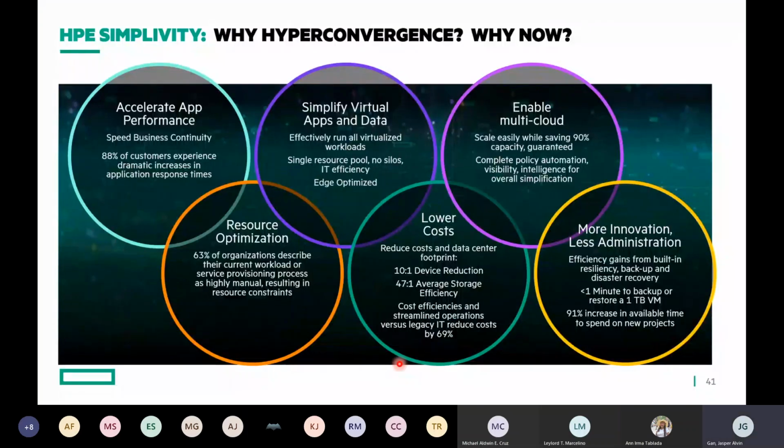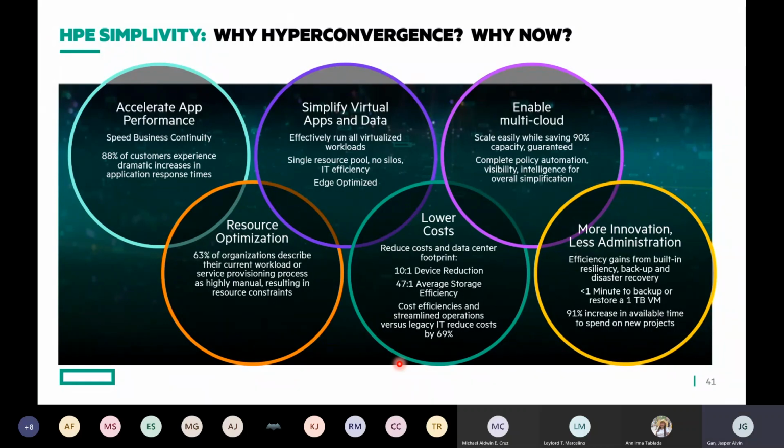So lastly, why hyperconvergence and why now? First, we accelerate app performance to streamline our IT. We give you an easy, simple virtualization platform to run our virtualized workload effectively and efficiently. We optimize the resources to what the business or the IT might need.